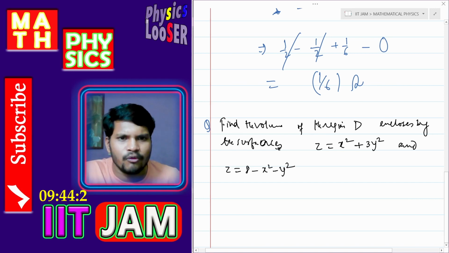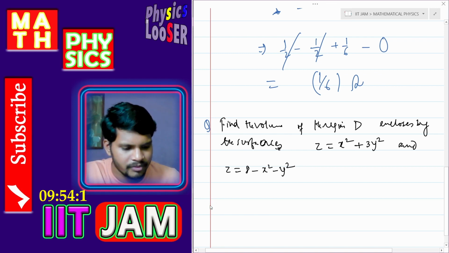So you have to find the volume which is enclosed by only these. One surface is given by this one, and another surface is given by this one.